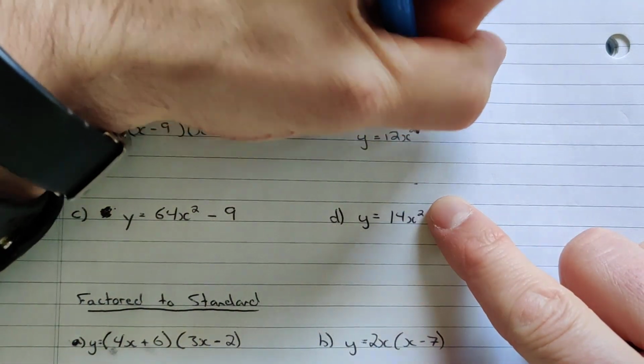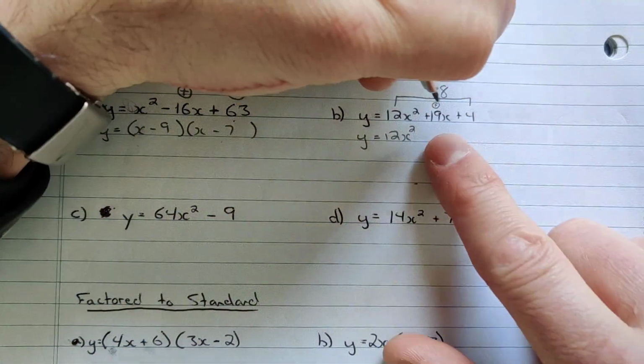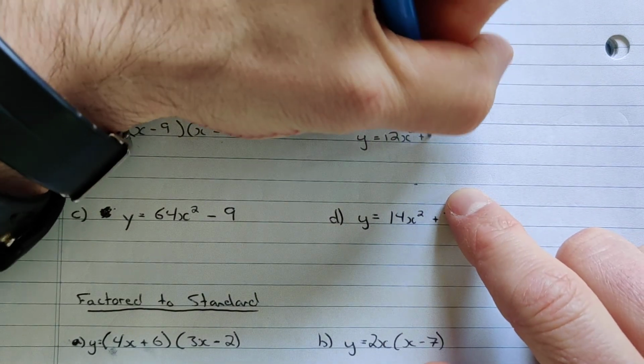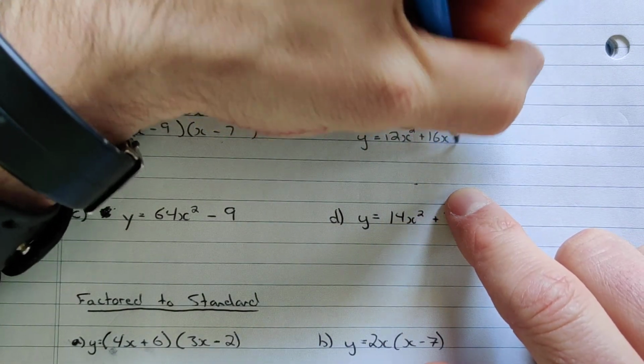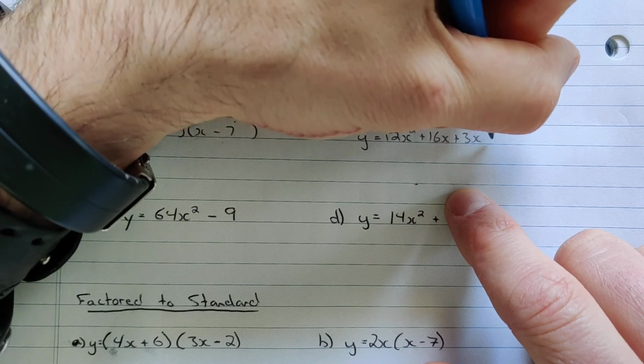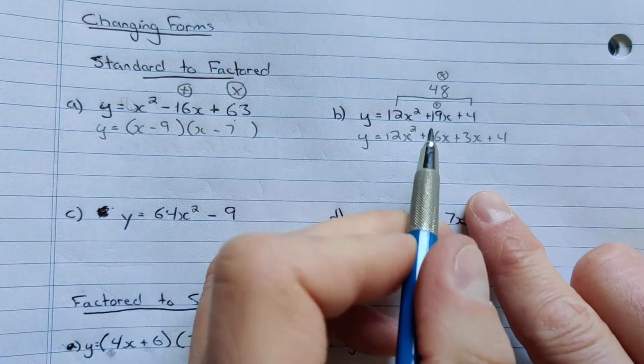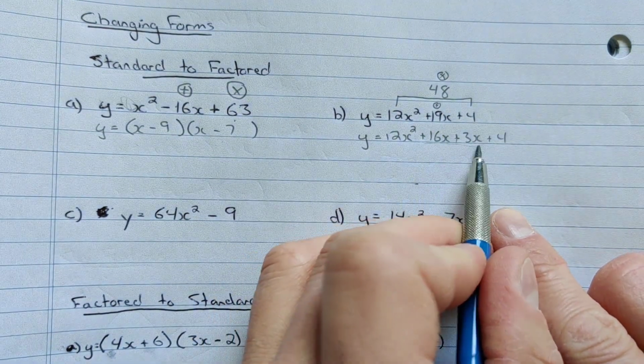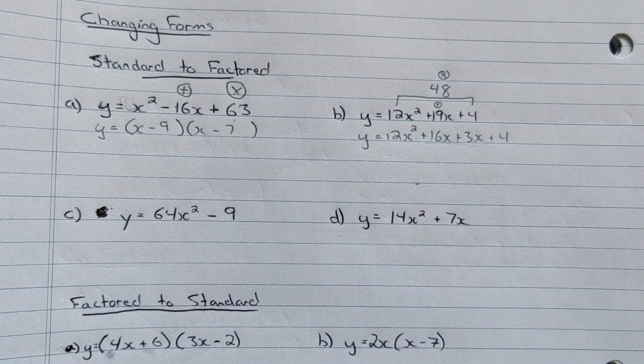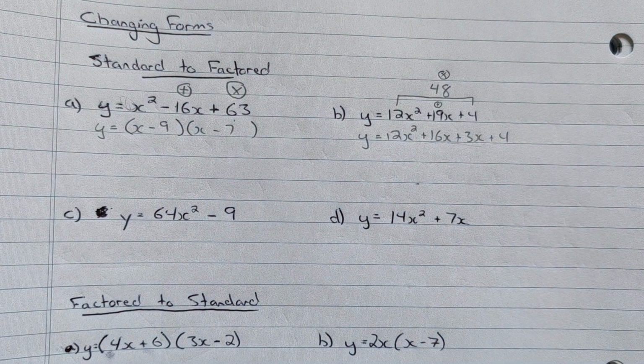So I'm going to rewrite this equation, replacing the 19x with 16x plus 3x, plus 4. I've replaced the 19x with these two terms, 16x and 3x. Order does not matter. Again, you could put 12x squared plus 3x plus 16x plus 4.